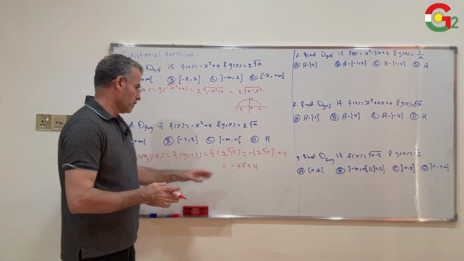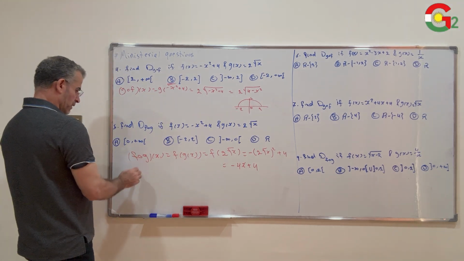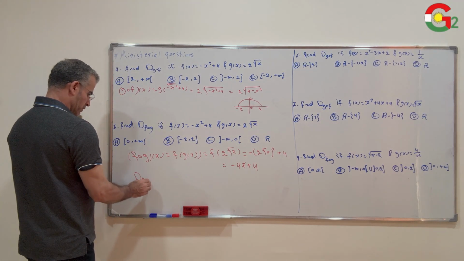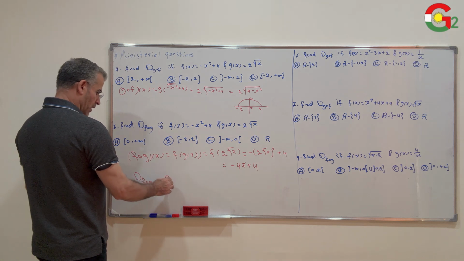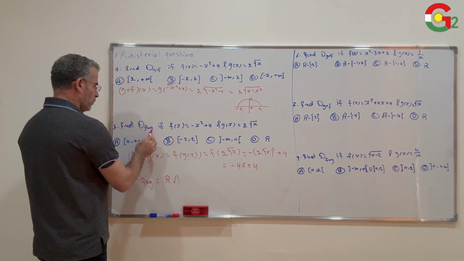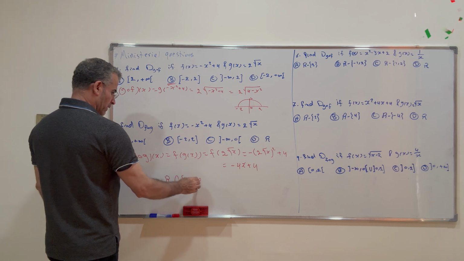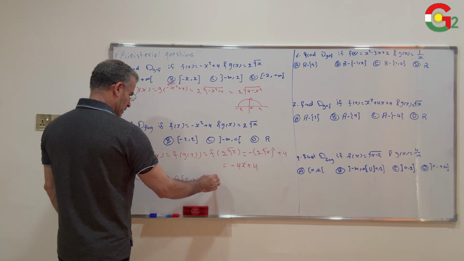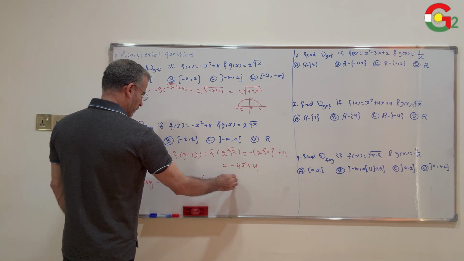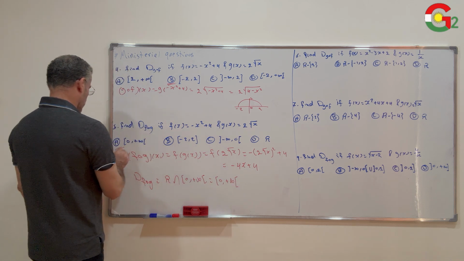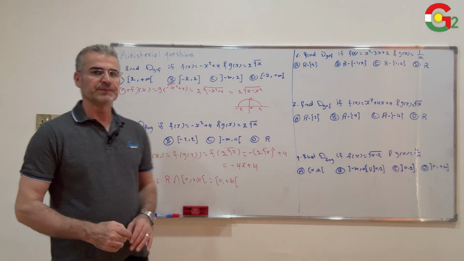Then the domain of f∘g equals R intersected with the domain of g, 0 to positive infinity. Then the answer is 0 to positive infinity. Choice A.